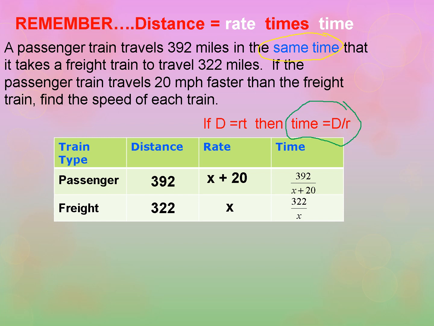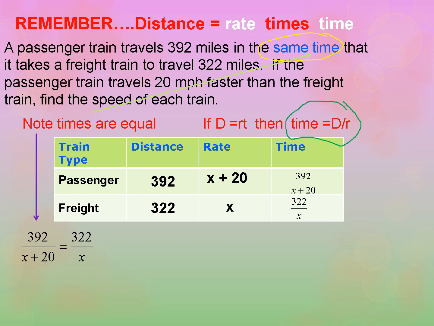Now, again, you're like, I don't know what I'm supposed to do. Same time means it takes the same amount of time. So the time of the passenger is going to be equal to the time of the freight. So we're going to set our two times equal to each other: 392 over x plus 20 equals 322 over x.